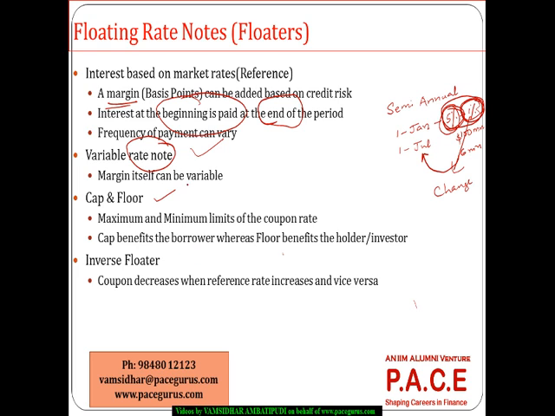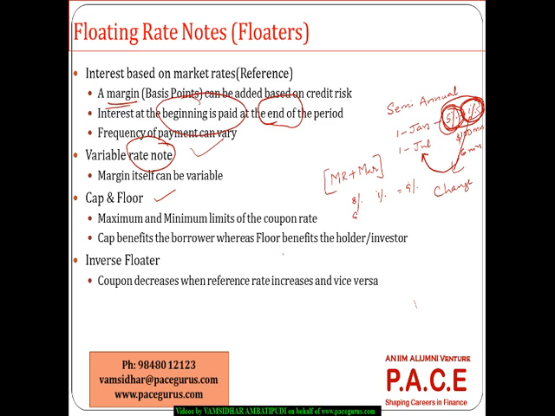Similarly, there could be a few instruments which are classified as caps and floors. So yes, a floating rate note, in simple terms, is whatever the market rate is plus some kind of margin. That is what we call the coupon that needs to be paid. If the market rate is 8% and the margin is 1%, the coupon that needs to be paid is 9.